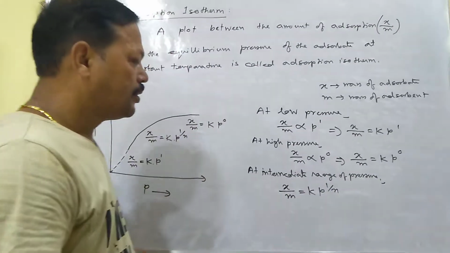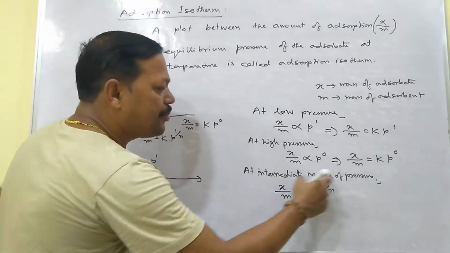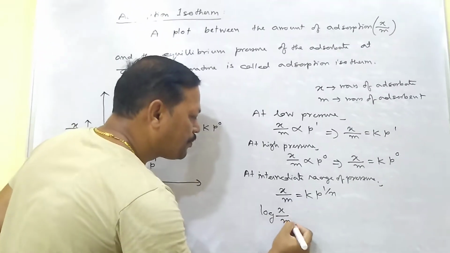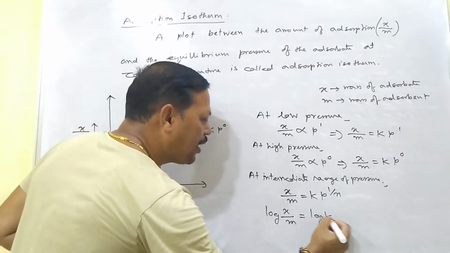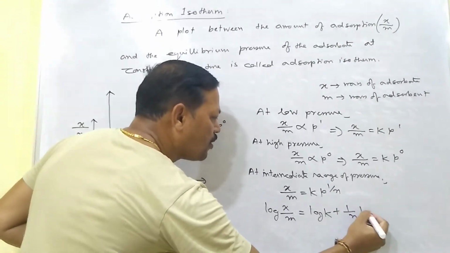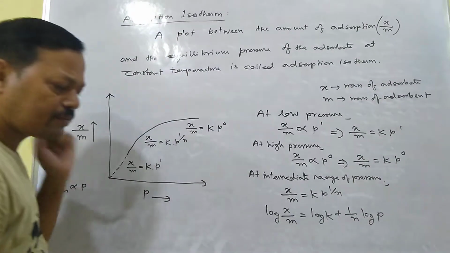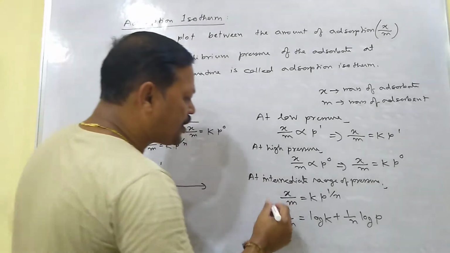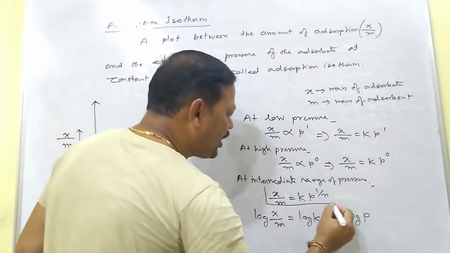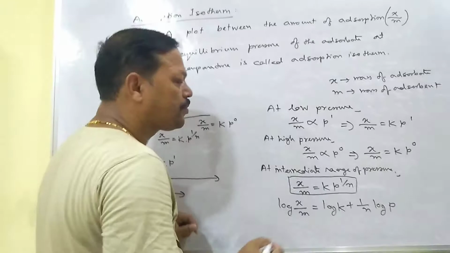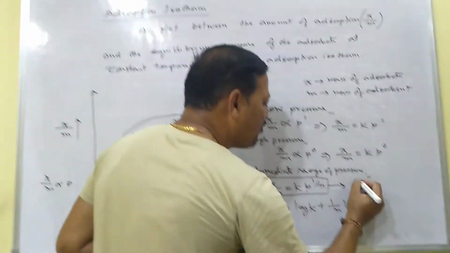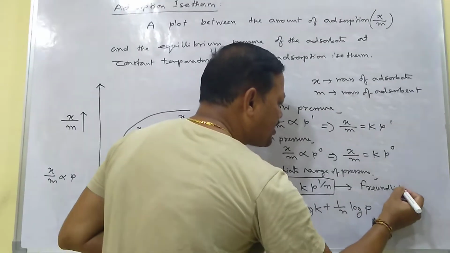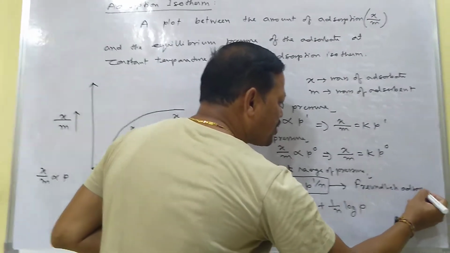Like this. Now in this intermediate range of pressure, if you take log on both sides, log of x by m equals log of k plus 1 by n log of P. You can write it this way, and this equation, x by m equals k P to the power 1 by n, is called the Freundlich adsorption isotherm equation.